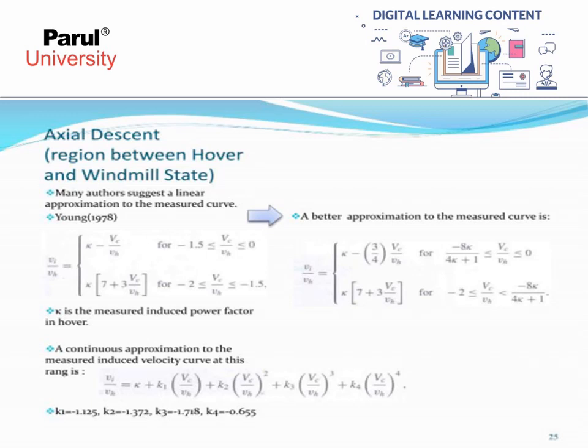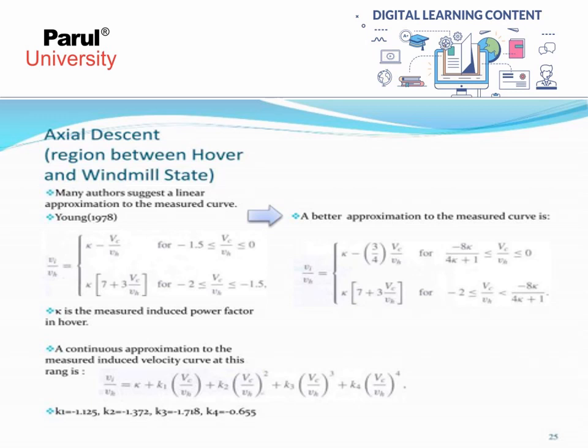A better approximation to the measured curve is Vi by Vh is equal to K minus 3/4 Vc by Vh for minus 8K by (4K plus 1) less than or equal to Vc by Vh less than or equal to 0, and second is K times (7 plus 3 Vc by Vh) for minus 2 less than or equal to Vc by Vh less than or equal to minus 8K divided by (4K plus 1).